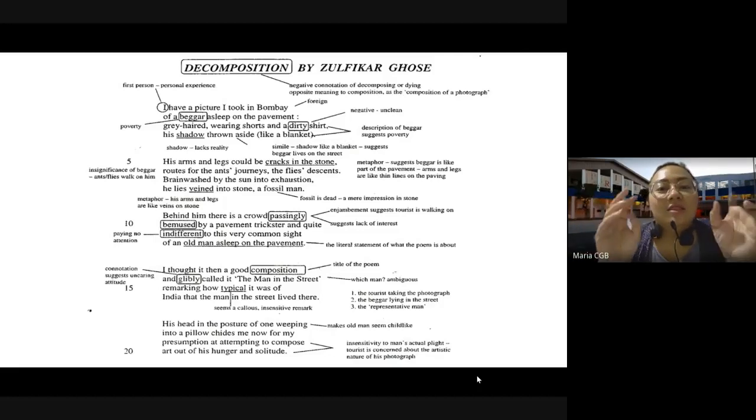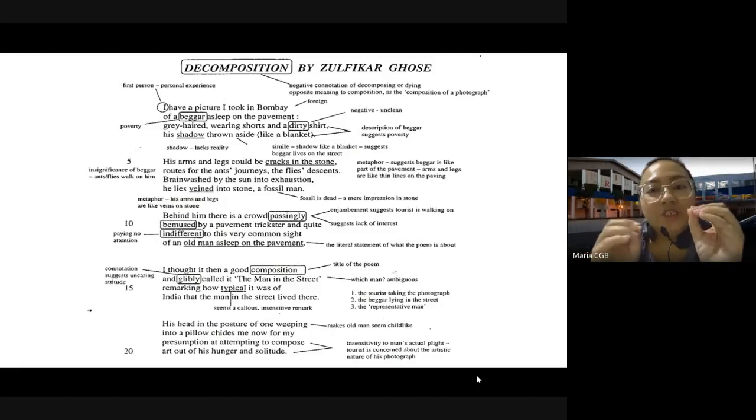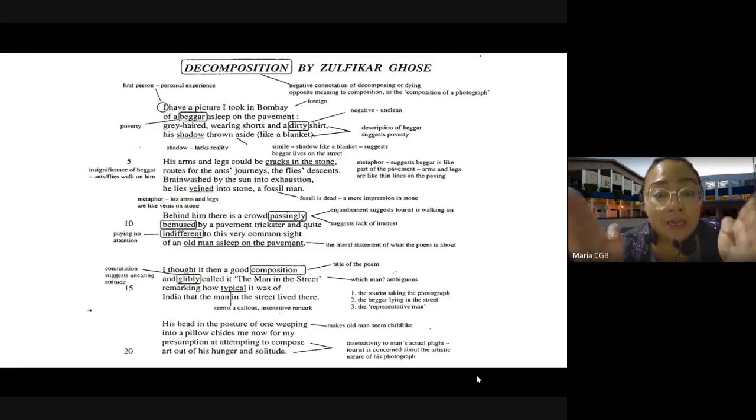All right. So the word composition also relates to photography, and then we know that the persona is a photographer. So the fact that there's a word play going on here, decomposition means dying, decomposing, and then the other meaning is composition, meaning how a photograph is being taken.